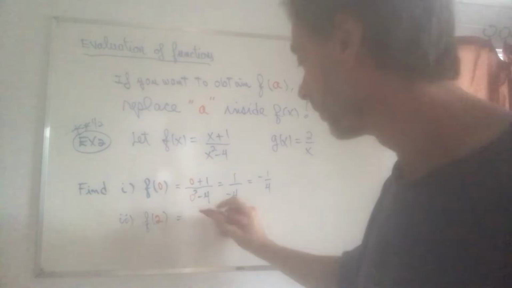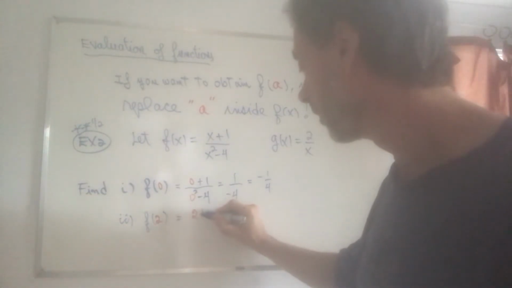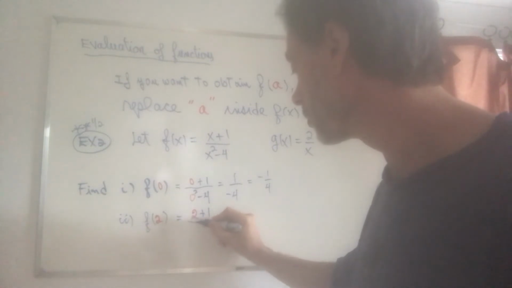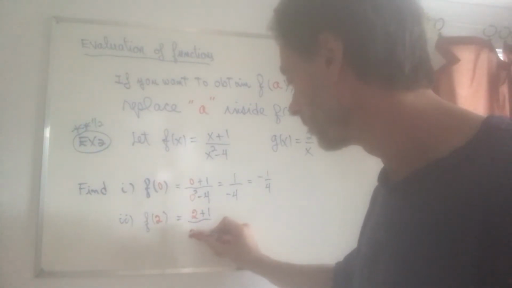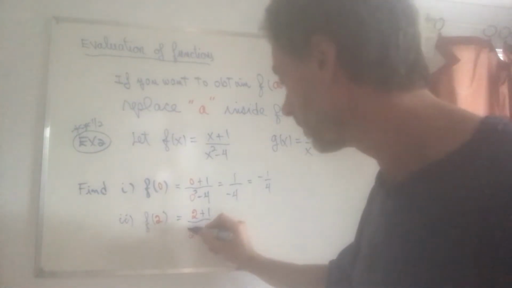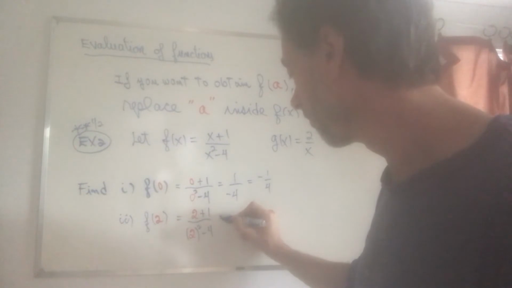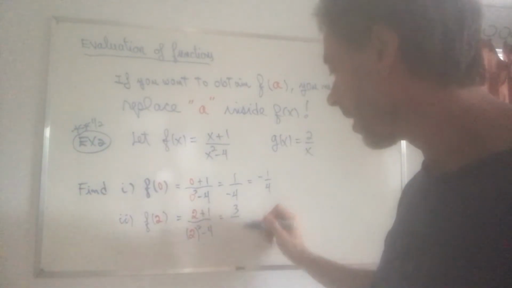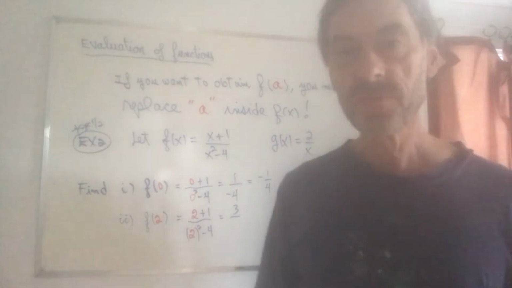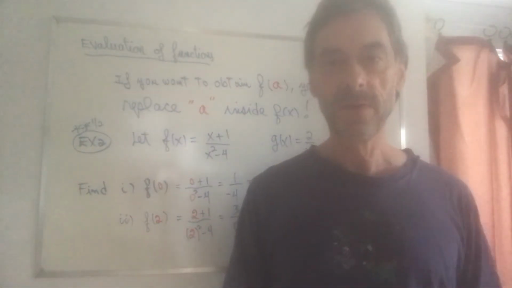So top, 2 plus 1 over 2 squared minus 4. Top is 3. Bottom is, whoa, 4 minus 4, 0. What is 3 over 0, huh?